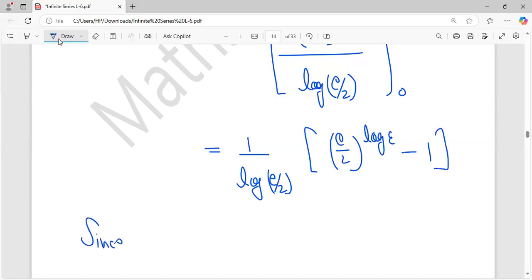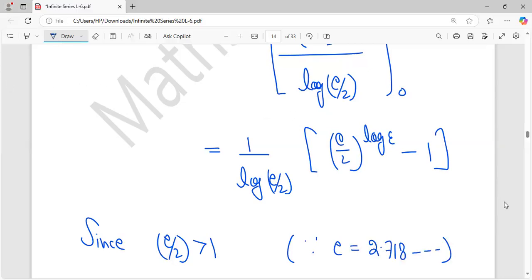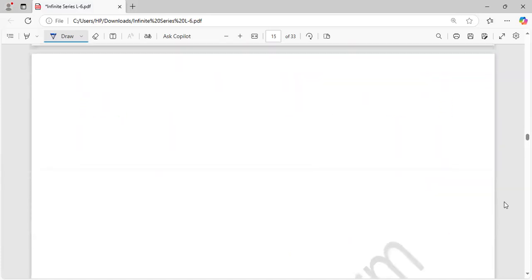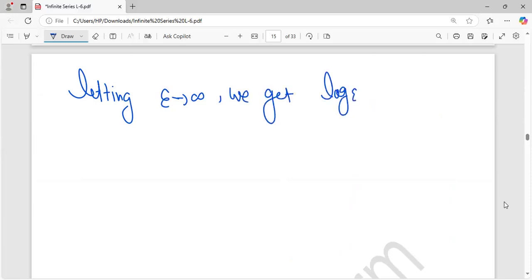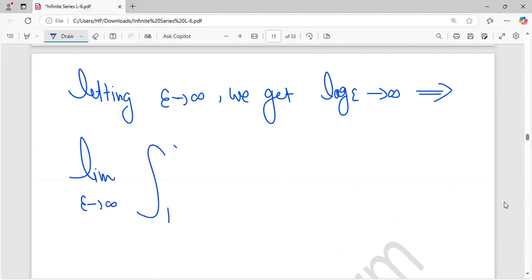Now, since e by 2 is greater than 1, because e is 2.718 something, its value is greater than 1. So letting epsilon tend to infinity, we get log epsilon tending to infinity. So this will imply that the limit as epsilon tends to infinity of this integral is infinity.